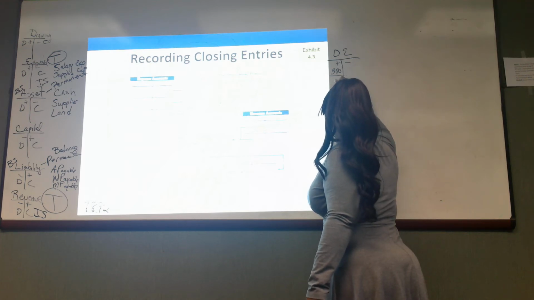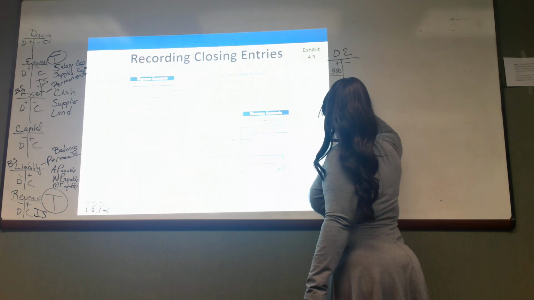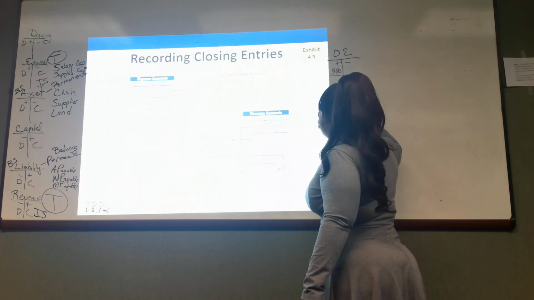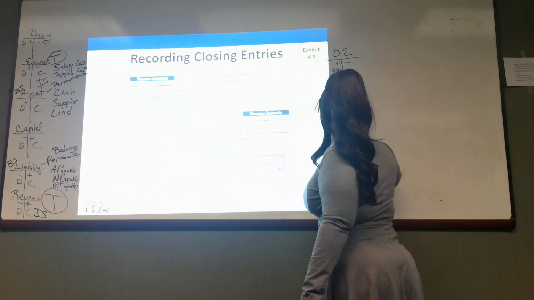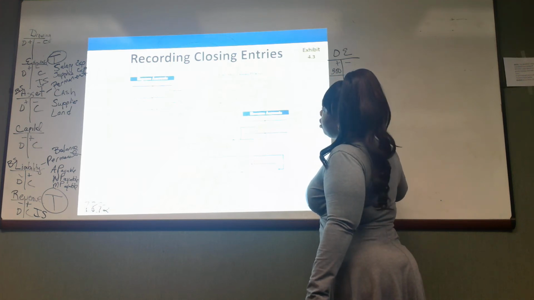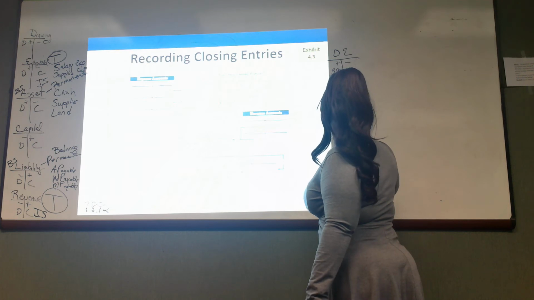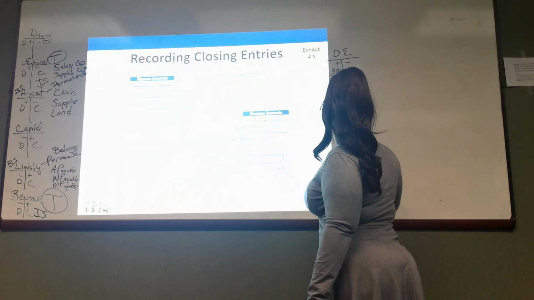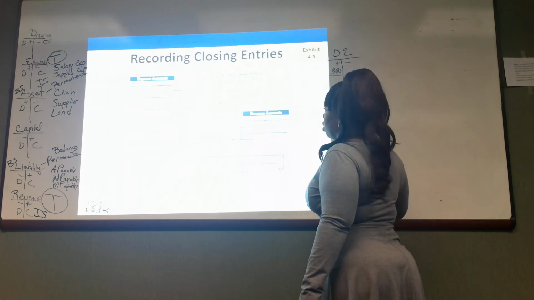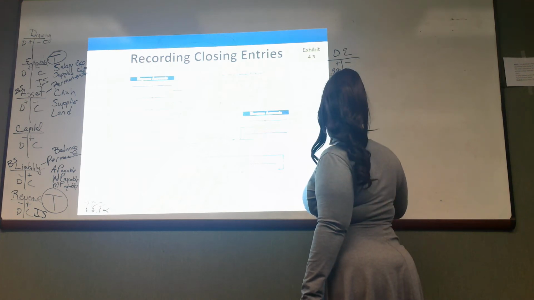I'm trying to figure out the best way to explain it. Salary expense. So this is $16.10. Insurance expense. This is $100. And then we have rent expense, and that is $1,000.